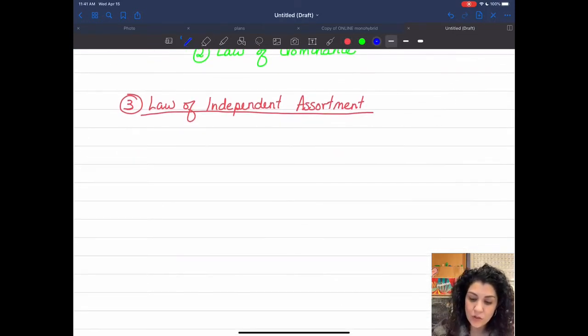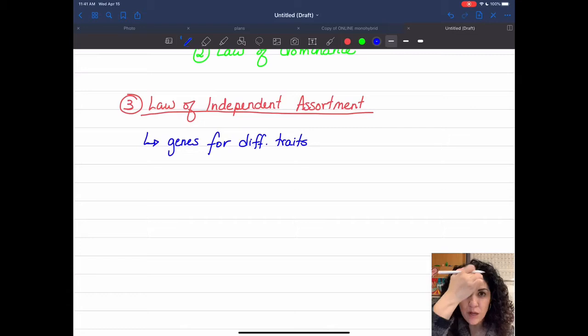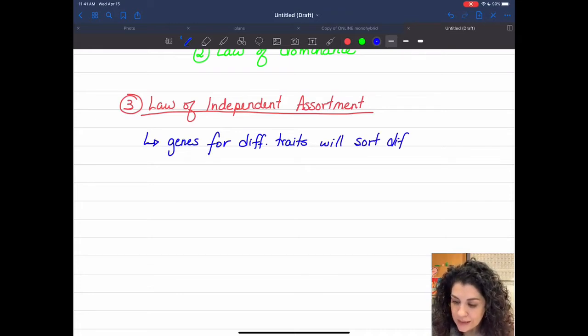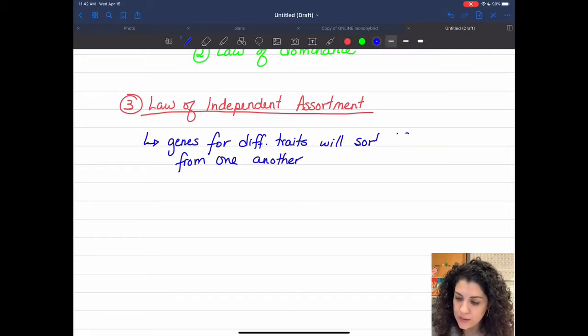What it states is that genes for different traits, eye shape versus widow's peak, the hairline, for example, so genes for different traits will sort separately from one another. I like the word separately better than differently. So we're just going to put separately.